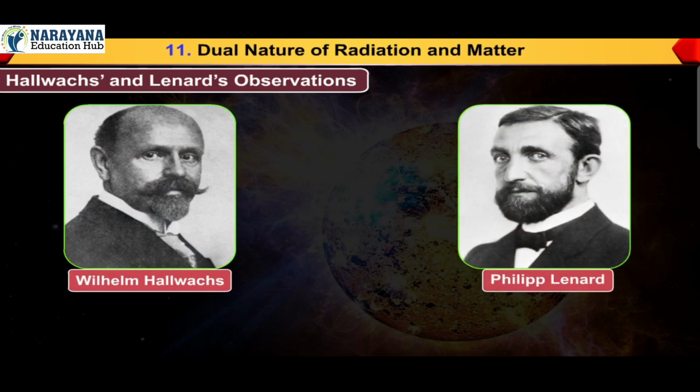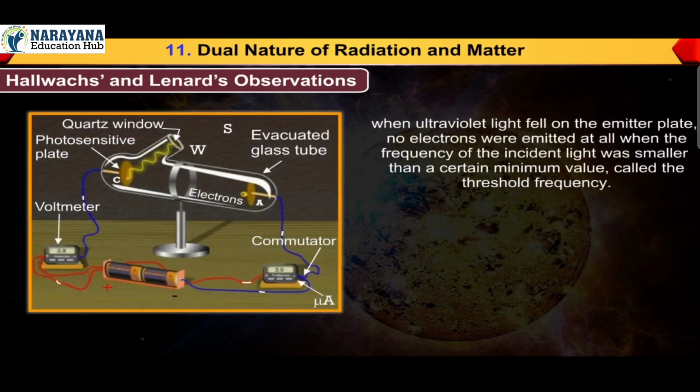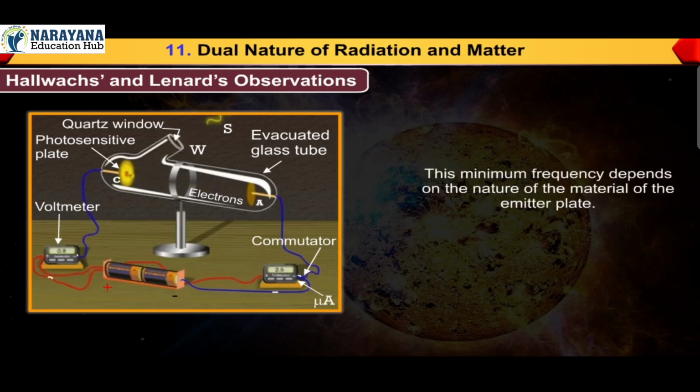Hallwachs and Lenard also observed that when ultraviolet light fell on the emitter plate, no electrons were emitted at all when the frequency of the incident light was smaller than a certain minimum value called the threshold frequency. This minimum frequency depends on the nature of the material of the emitter plate.